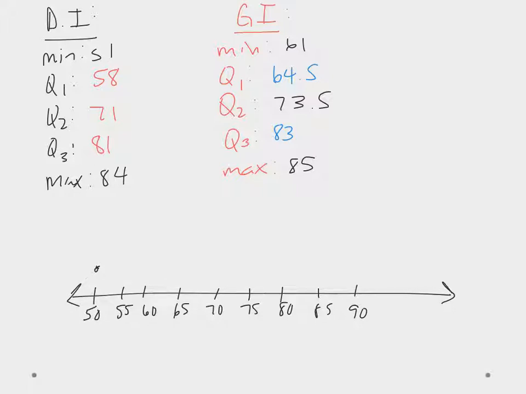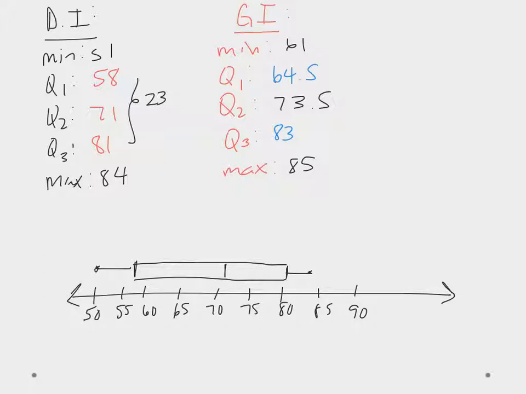The highest is 84. You have 58, 71, and 81. And just so that we can see something else and compare later, its interquartile range is 81 minus 58, which is 23.